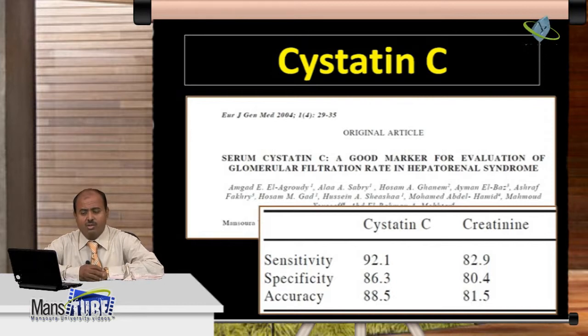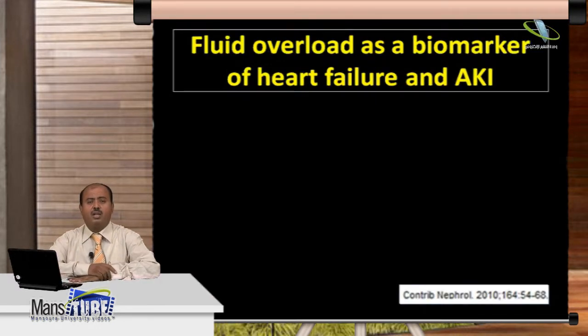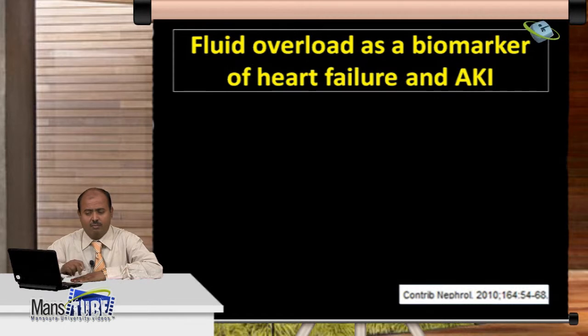And we used in this study the isotope clearance as a gold standard for comparison regarding creatinine and cystatin C. Another clinical point which is very important is the presence of volume overload. We shouldn't leave the patient in volume overload, because volume overload is a biomarker for mortality in patients with acute kidney injury or patients with chronic renal failure.